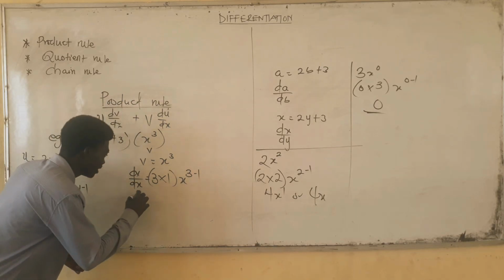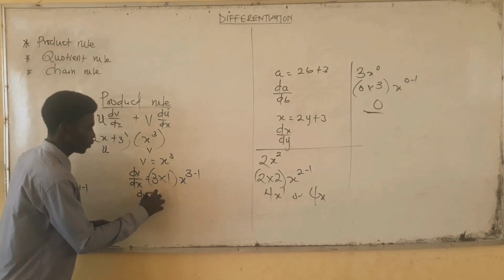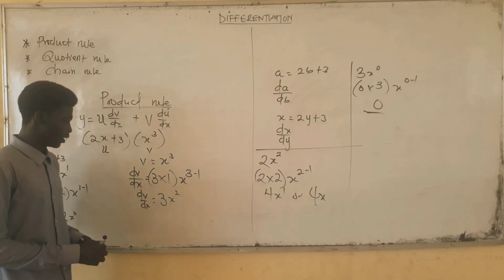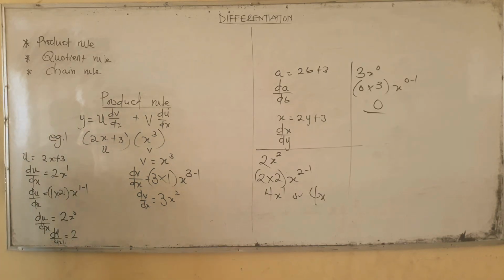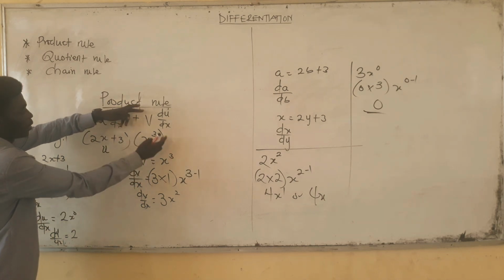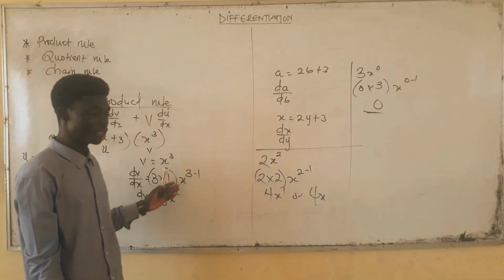Okay, and then we are getting the dv dx to be 3x squared. So that is it. Now we have our u, our v, our du dx, and our dv dx. Okay, so now let me clear this part and continue from there.